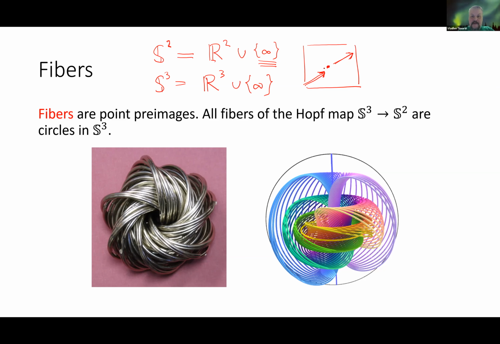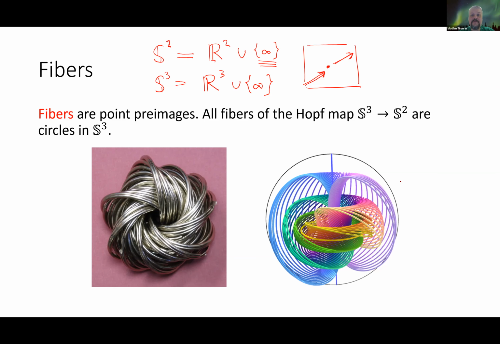So the pictures I show here are in the three space, but they correspond to pictures in the three sphere by means of the high dimensional version of stereographic projection.